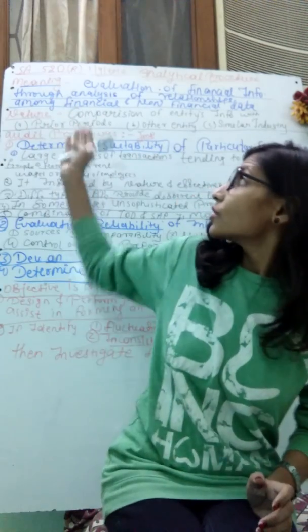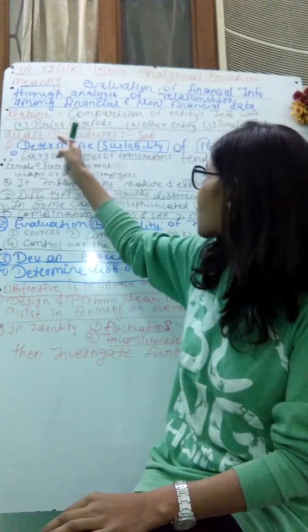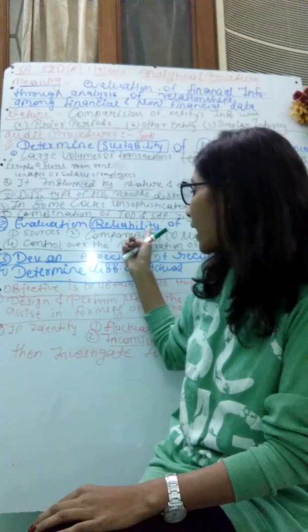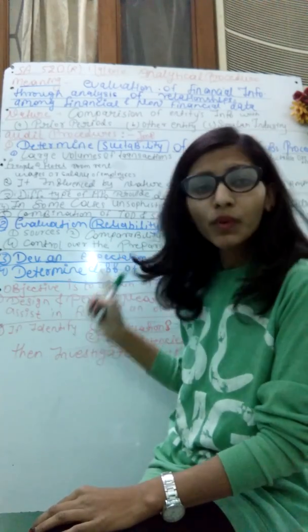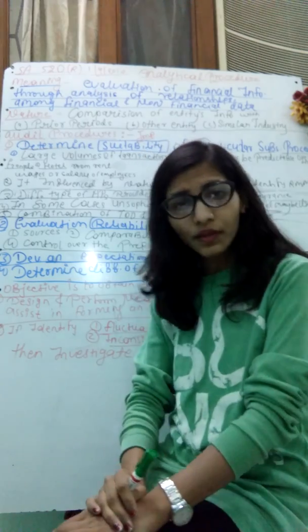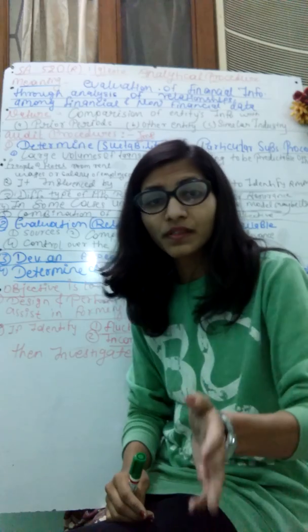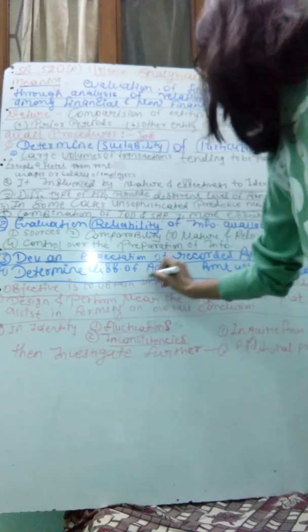Okay, so this is about the audit procedures: determination of suitability of particular information, evaluate reliability, develop an expectation, then determine the difference between the actual and expected amount.